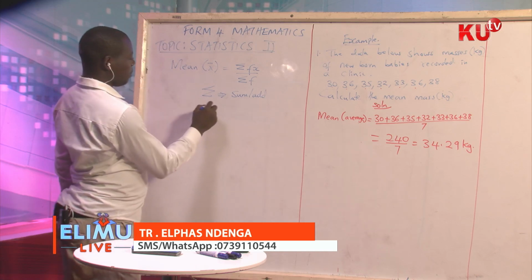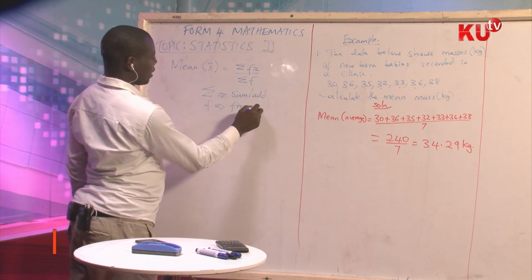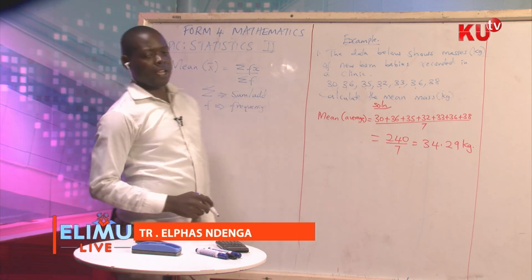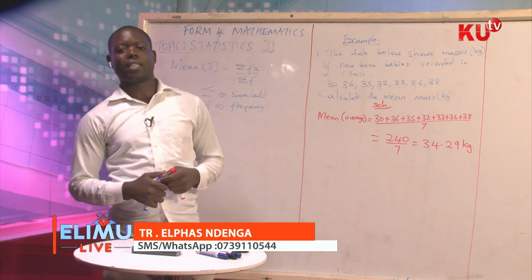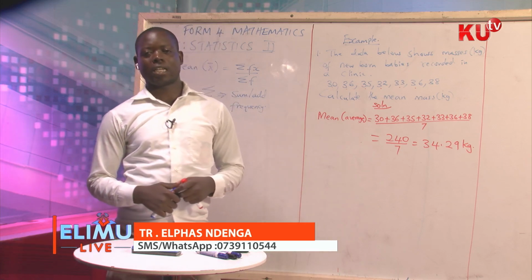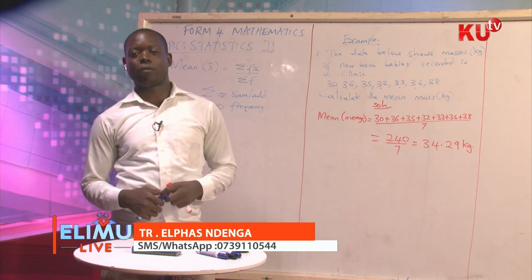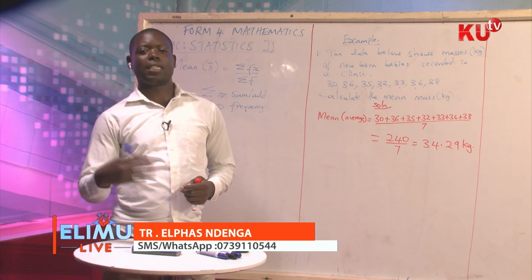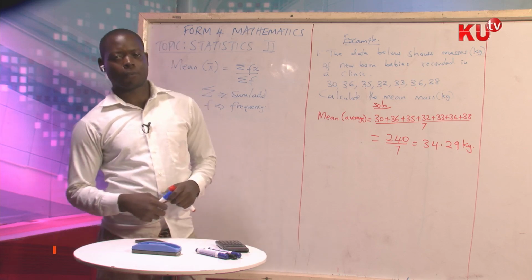F represents frequency. And frequency is the number of times a particular item or a particular variable appears in a set of data. So if it appears 10 times, then that is the frequency, f.